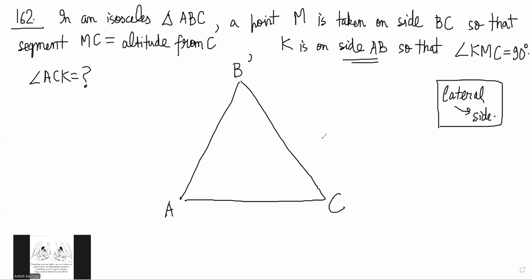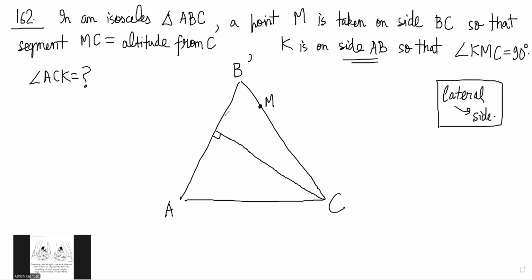So I'll draw the figure like this. The lateral sides are AB and BC. And I have to choose a point M so that MC is equal to the altitude from C. So the altitude from C is drawn like this. This is my altitude from C. The length of the altitude will be equal to MC. So M should be somewhere here. And K is on side AB in such a way that KMC is 90 degrees.